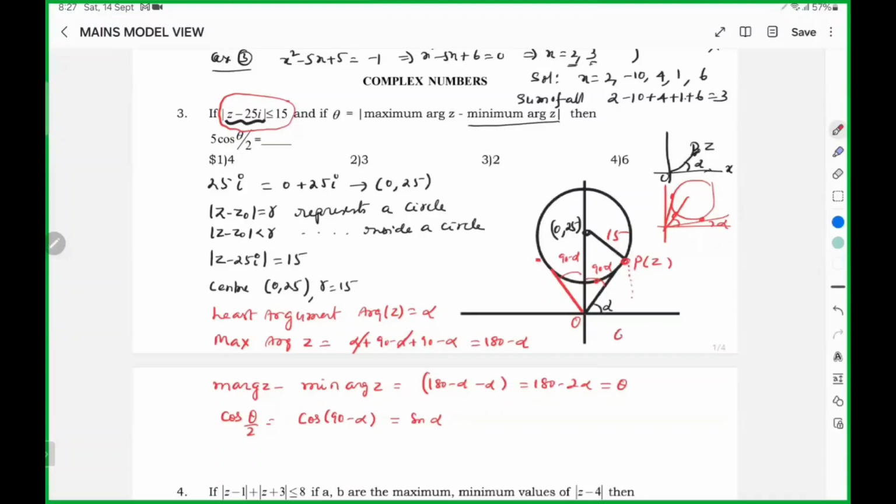So sine of 90 minus alpha is 15 by 25. That is, cos alpha here is 3 by 5. Sin alpha will be 4 by 5. 5 cos theta by 2 will be 5 sin alpha, which is 5 into 4 by 5. It is the answer.